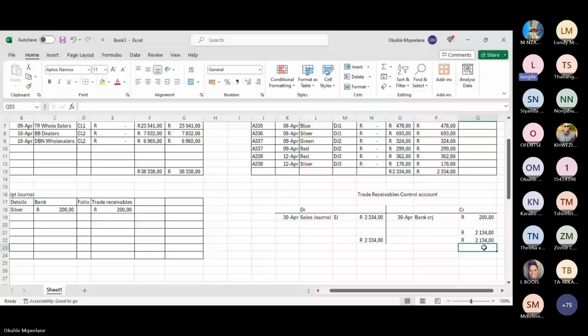Is that the balance carried forward? No. Hey guys, before you continue, can you please mute? Who's that? Someone who's talking about this, can you please mute?